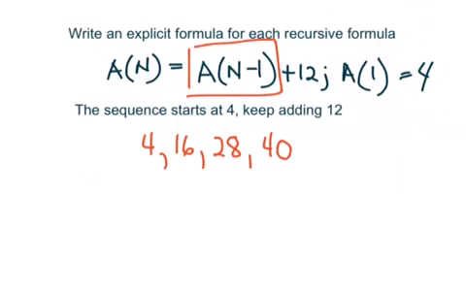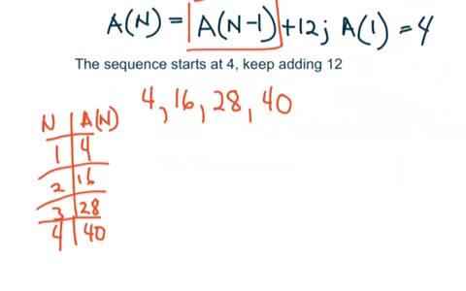On a table, this would look like this, because we are starting at 4, and we keep adding 12 to the outputs.